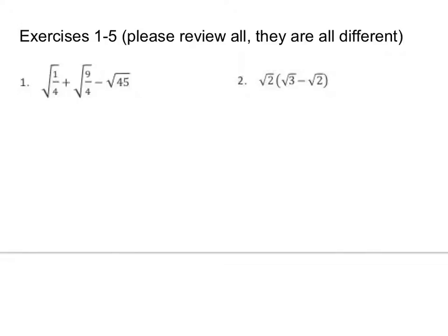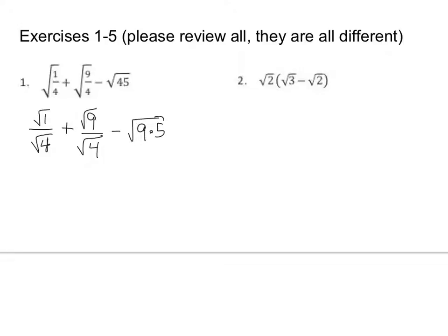So here, I can actually split up this radical just like that, because 1 and 4 are both perfect squares, and 9 is also a perfect square. And 45 breaks into 9 times 5.